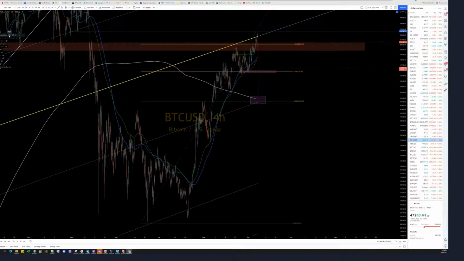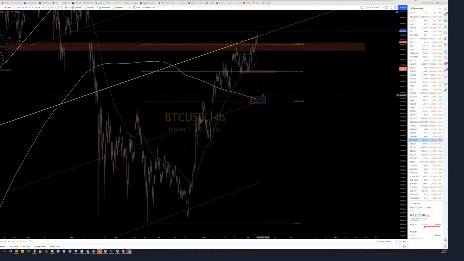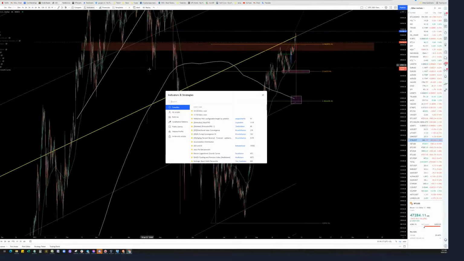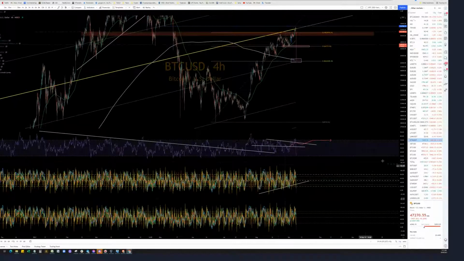Okay, that's not going to help us. I need to use that on the daily. What I want to do is, all right, let's put on the Phoenix. About time frame, we're on the 4 hour. If it comes up, okay. Oh, okay. So I already had tools.